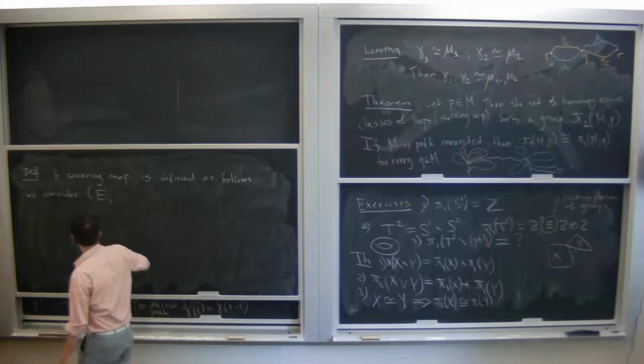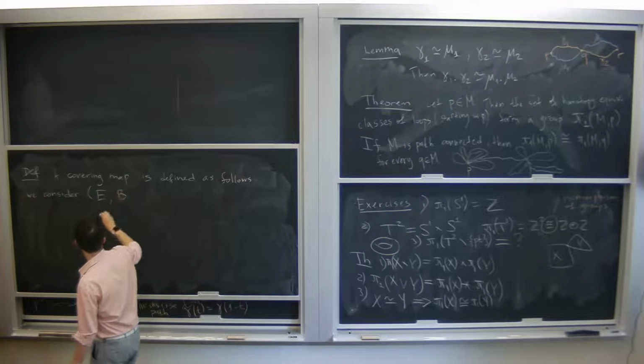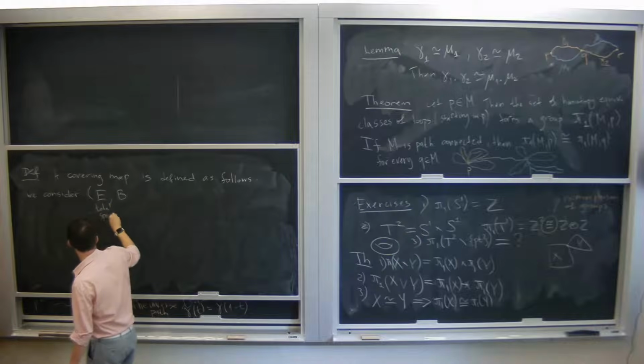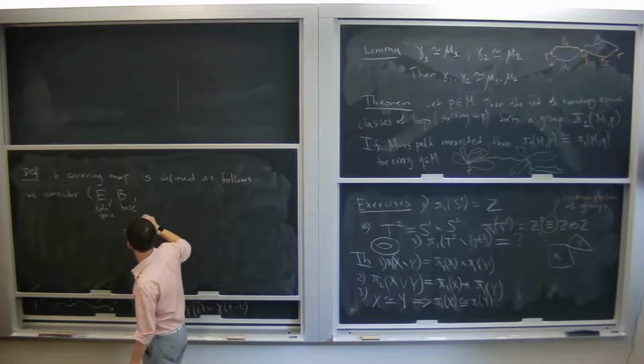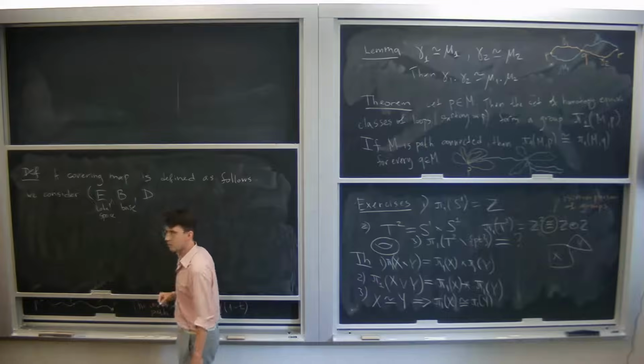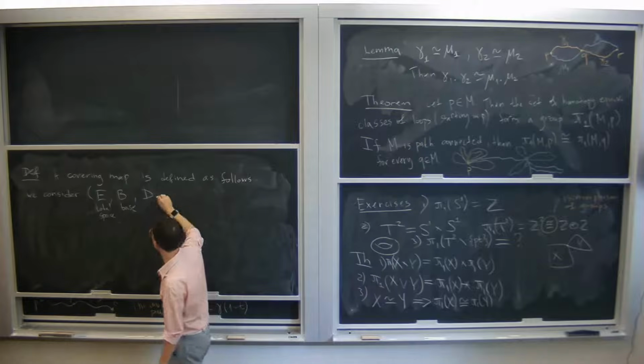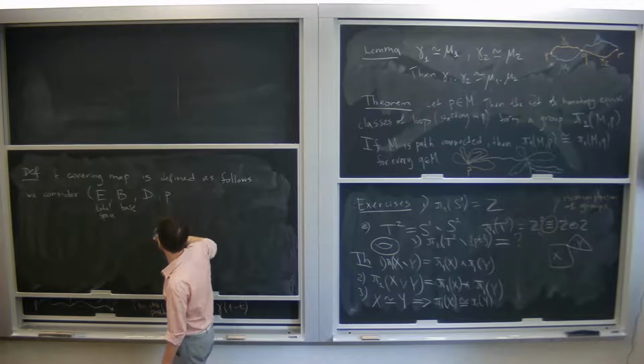We consider the set E, which is called the total space, B, which is the base, and then generally it is called F. It is usually denoted by F, but we will denote it by D, since it is going to be a discrete set.